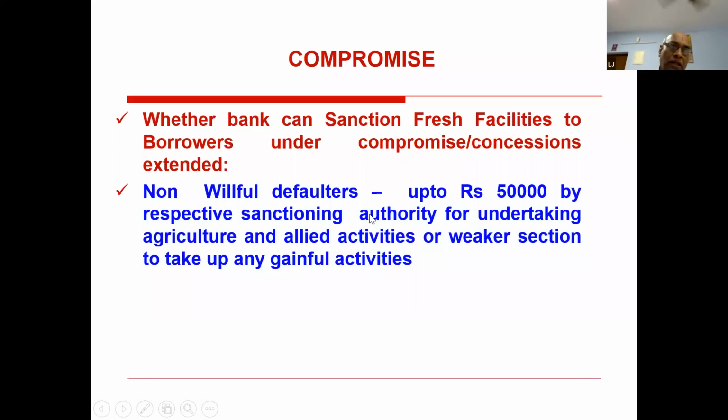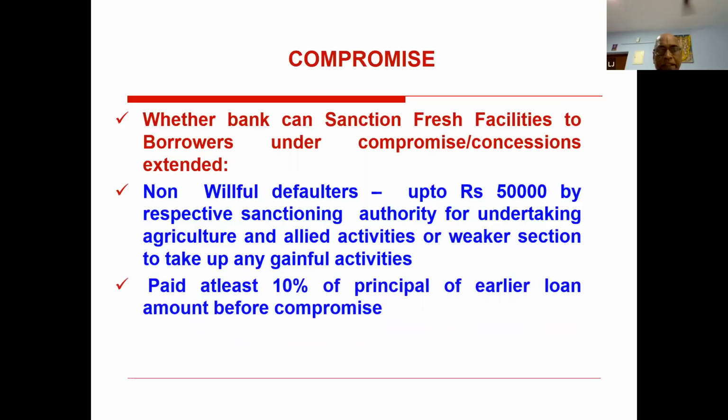Subject to conditions. This question was asked last time for some other bank: what are all the conditions? First, he should have paid at least 10% of the principal of the earlier loan amount before compromise.